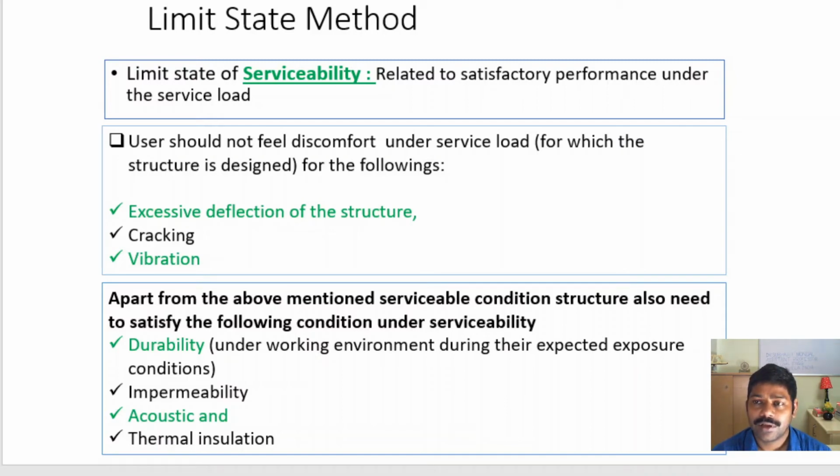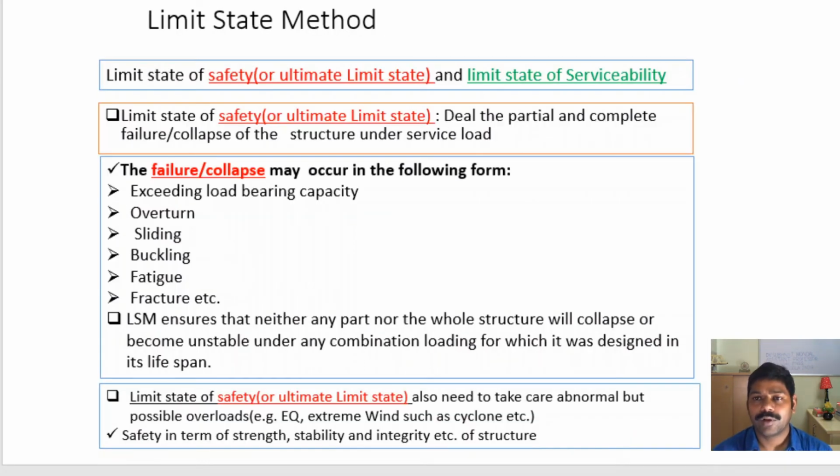in the limit state method. So what we have learned in the limit state method is that basically there are two criteria: one is the limit state of safety, and another is the limit state of serviceability. In the safety criteria, we have learned that there should be proper strength, the structure should maintain integrity, and the structure should be stable.